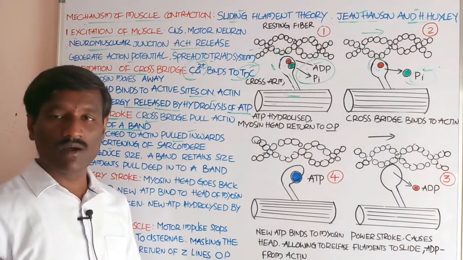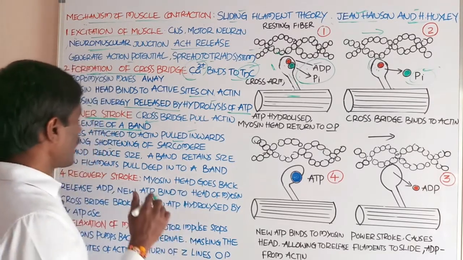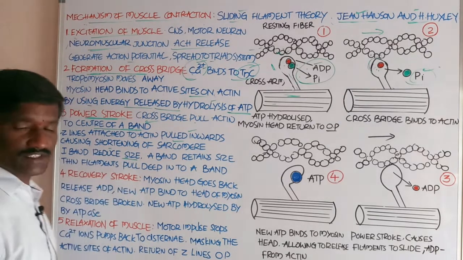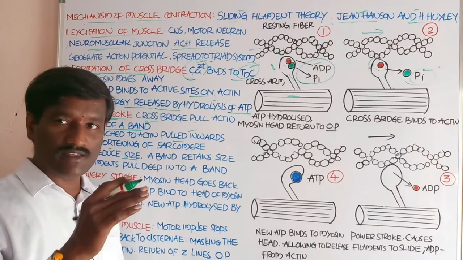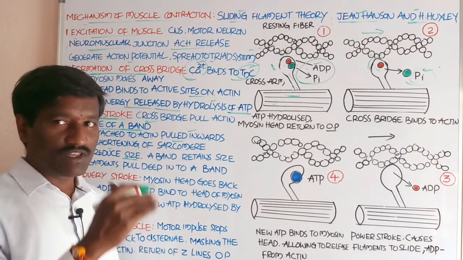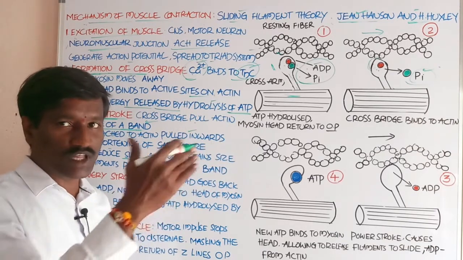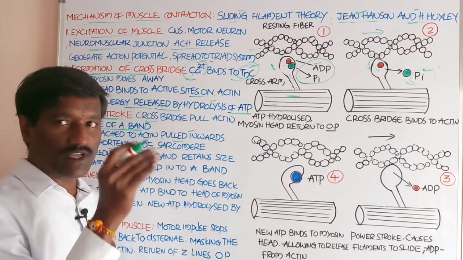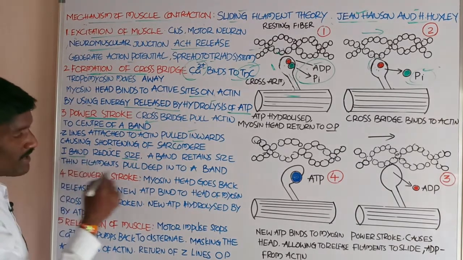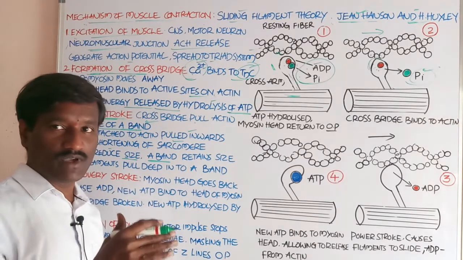It finally leads to the shortening of the entire sarcomere, and at the same time the I band reduces its size. The I band is made of thin filament. Thin filaments are pulled inwards into the center of the sarcomere, which reduces the size of the I band, and the A band retains its size.